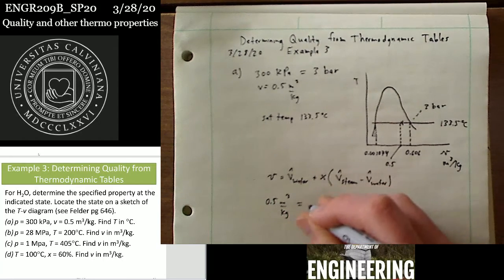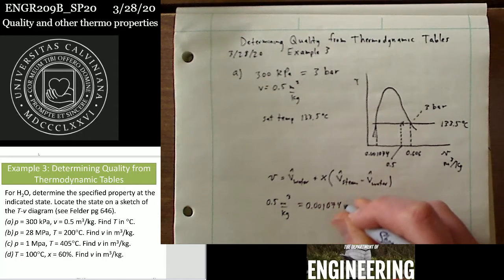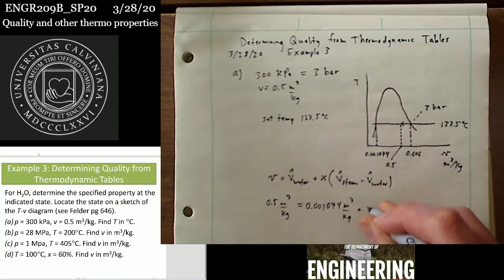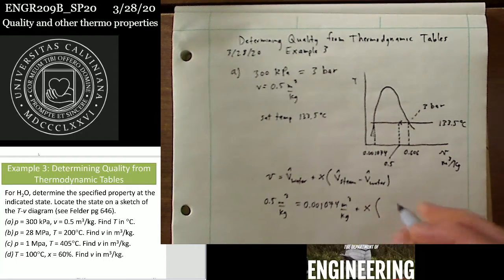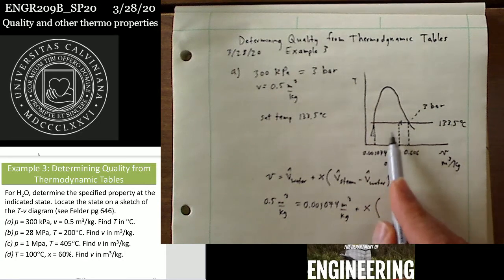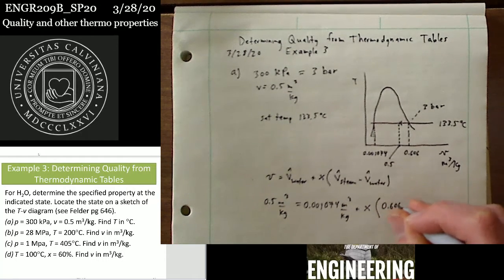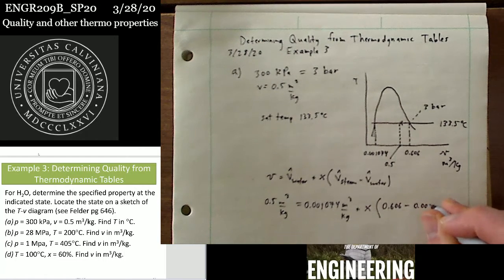That's what we're given in meters cubed per kilogram. And that's equal to our established 0.001074 meters cubed per kilogram of water plus our unknown quality. We don't know what percent is vapor and what percent is liquid within this two-phase region. And then our specific volume for steam minus our specific volume for water again.